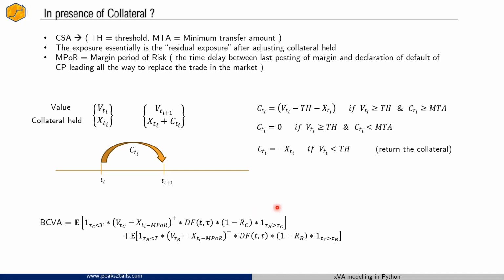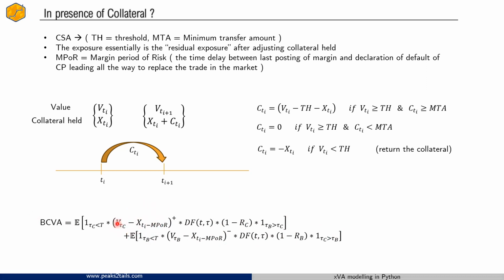All right. So based on the collateral value, your CVA formulation becomes adjusted. How do you adjust this? In the positive exposure or negative exposure part, right? You need to calculate the residual exposure.